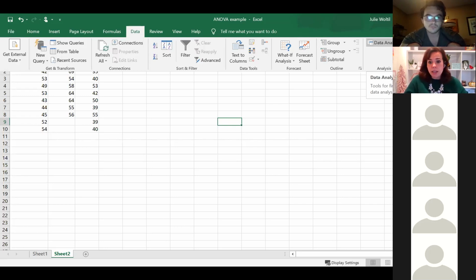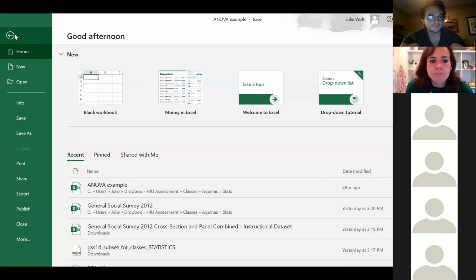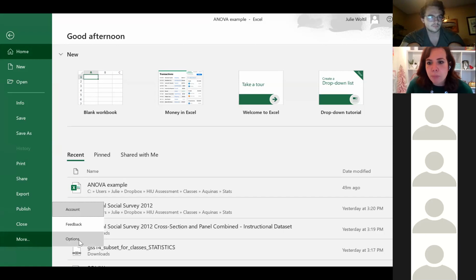It's possible you may not have it, and luckily it's free and it's a very quick thing to do. So let's walk through it together. If you don't have it, what you would want to do is go to File. Can you guys still see as I'm clicking things? Okay. Scroll down all the way to the bottom to More and go into Options.